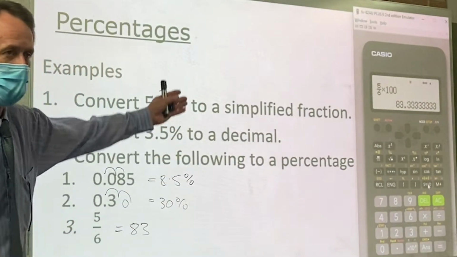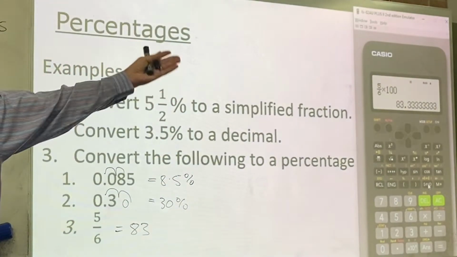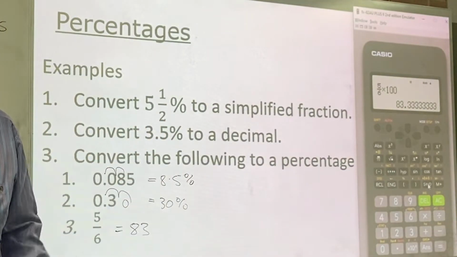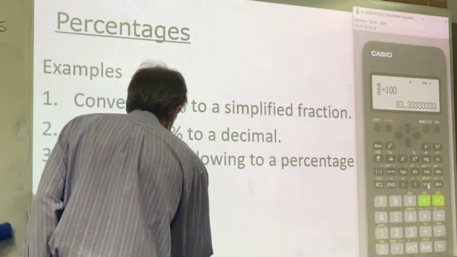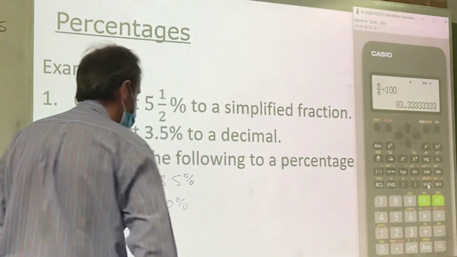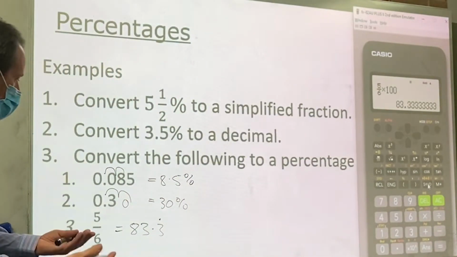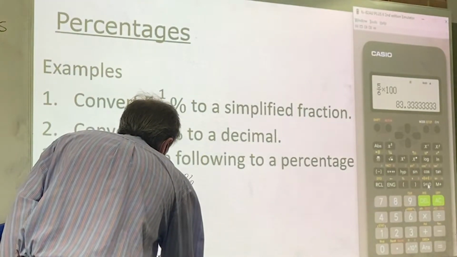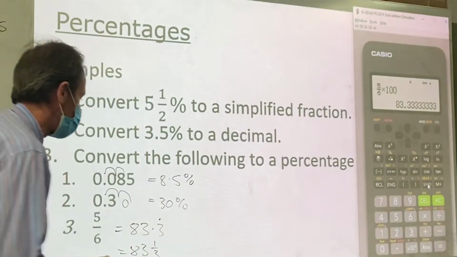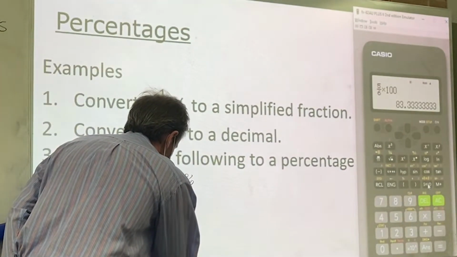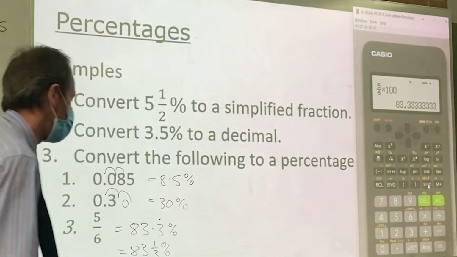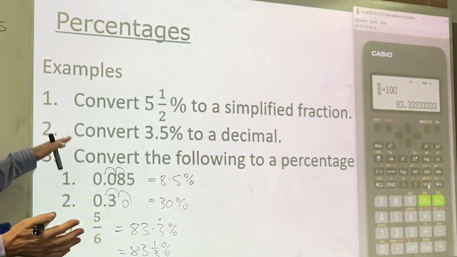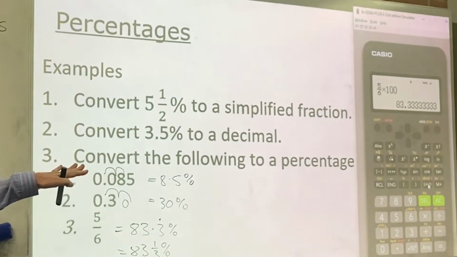Now, look, what's that I've got there? 0.3. Does anyone know? Yeah, recurring, repeated. So you can just put a dot above it. That indicates recurring. Or, hopefully you know that 0.3 repeater is a third. So as a percentage, it's 83 1/3%. That's how we convert to percentages.